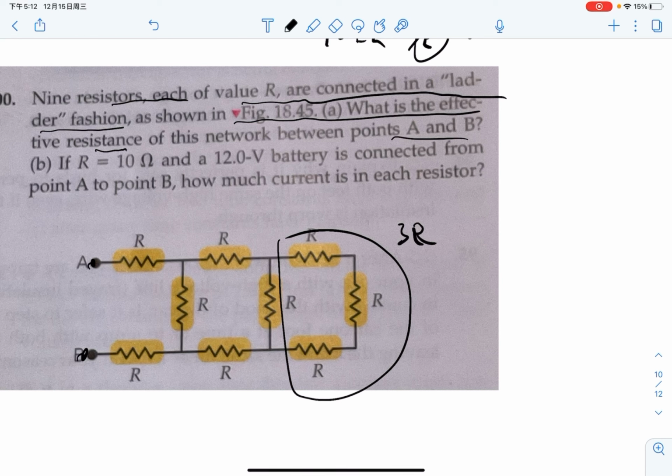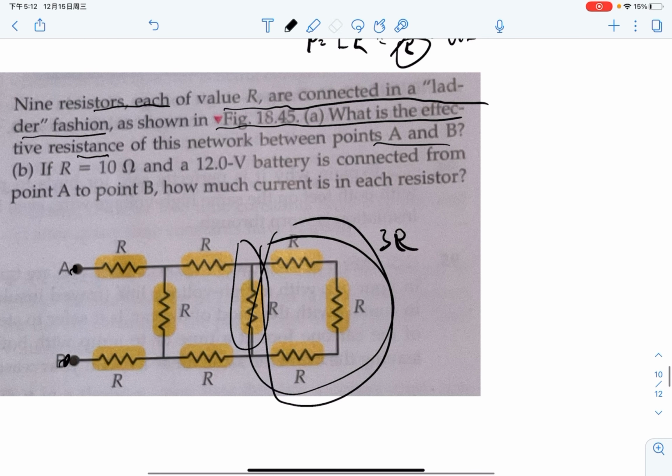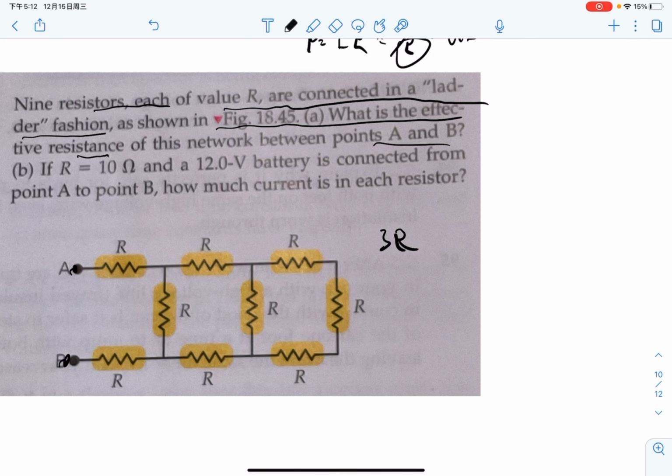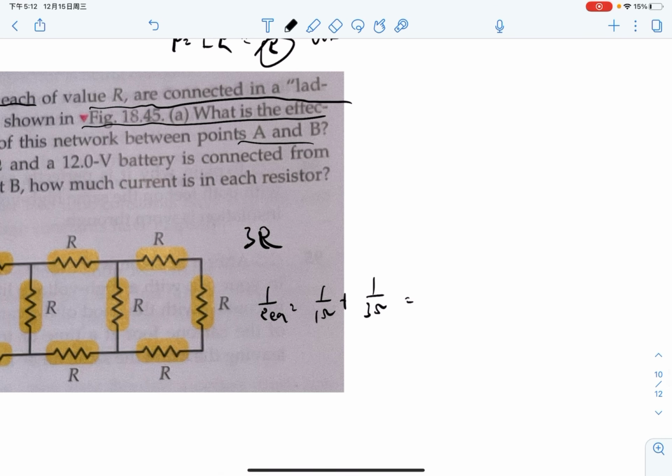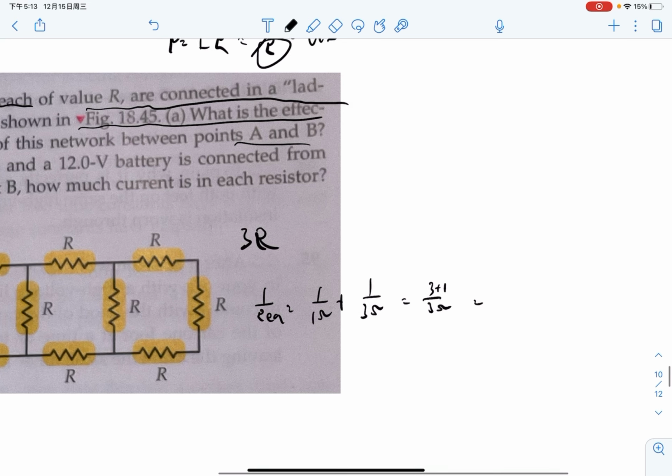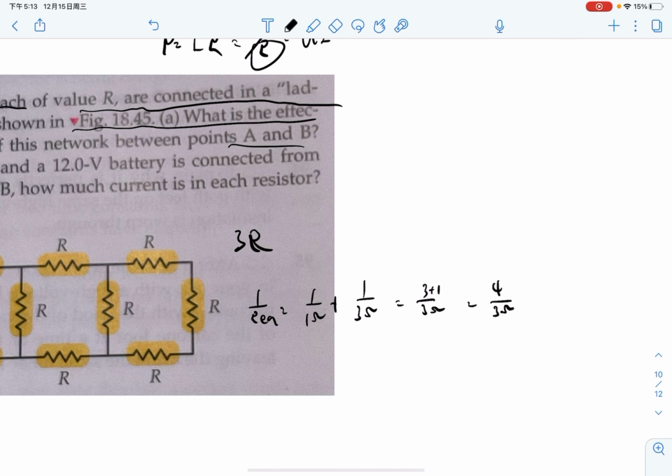And for this part and this part, they're in parallel, so R equivalent is equal to 1 times 3 over 1 plus 3, so the R equivalent is equal to 3 divided by 4.